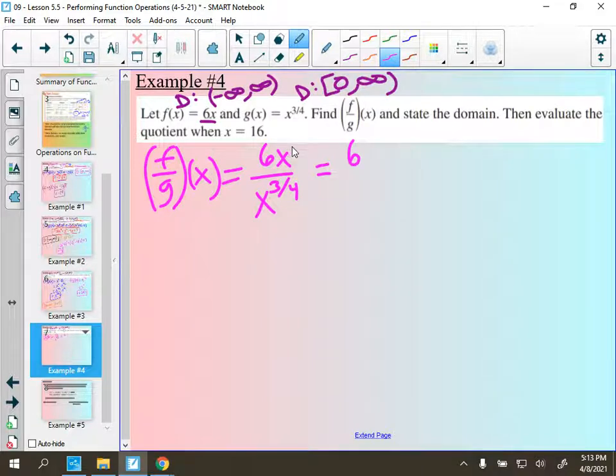It's 1, right? So you could maybe help yourself out a little bit. Switch that 1, instead of writing it as x to the 1st power, write it as x to the 4/4. That's 1. A strategic one, because now we're going to be able to subtract. So where do I have more x's? In my top, in my numerator. And how many more? Well, 4 minus 3 is 1, so 1/4. So this simplifies all the way down to 6x to the 1/4 power.